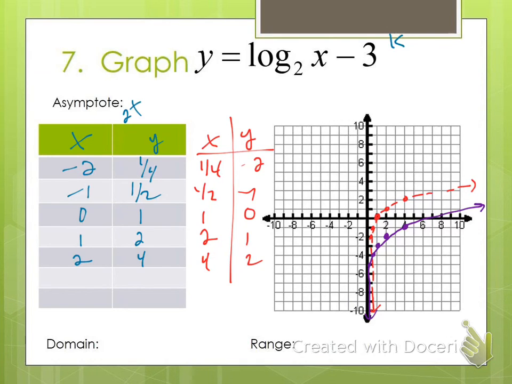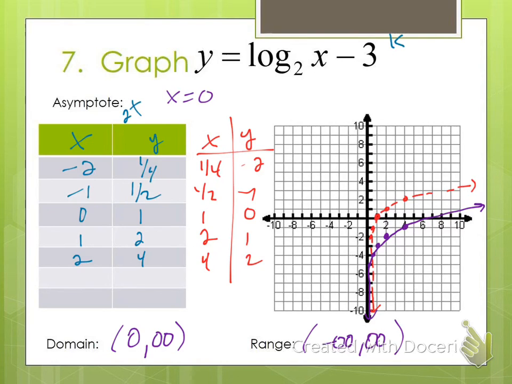Okay? We're looking for that asymptote. Again, it doesn't want to cross the same x value as the original logarithmic function, so x equals 0 is the asymptote. The domain is still going to be 0 to positive infinity, and the range, you guessed it, still going to be negative infinity to positive infinity. Okay?